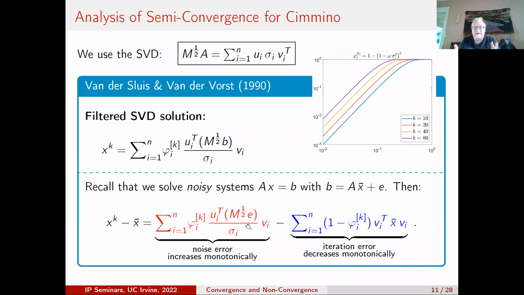The nice thing is, when you do the SVD analysis, if the vector E is Gaussian noise, then so is the noise in the SVD domain, because you multiply with the U matrix from the SVD. That's an orthogonal matrix, and that preserves a normal distribution. I don't know if that answered your question.